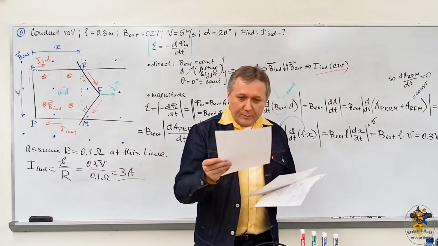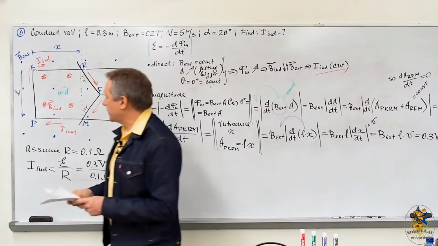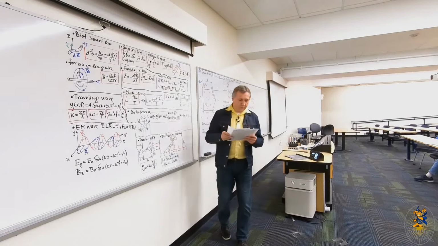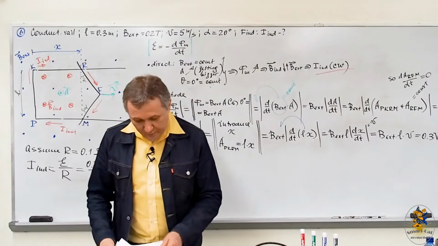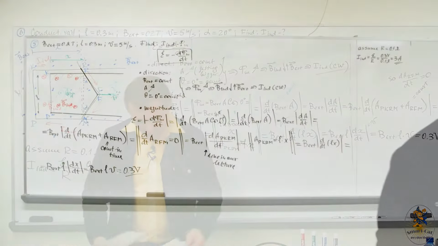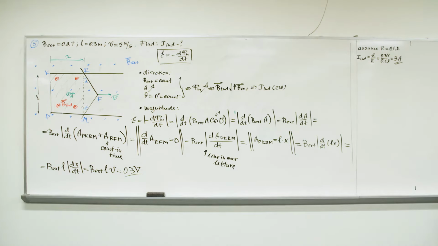Okay, so the next example, you can read it by yourself and practice. Now, inductors. So, problems about inductors. Then electromagnetic waves, interference. Okay, so now the part where there are lots of troubles: inductance, potential difference across the inductance.